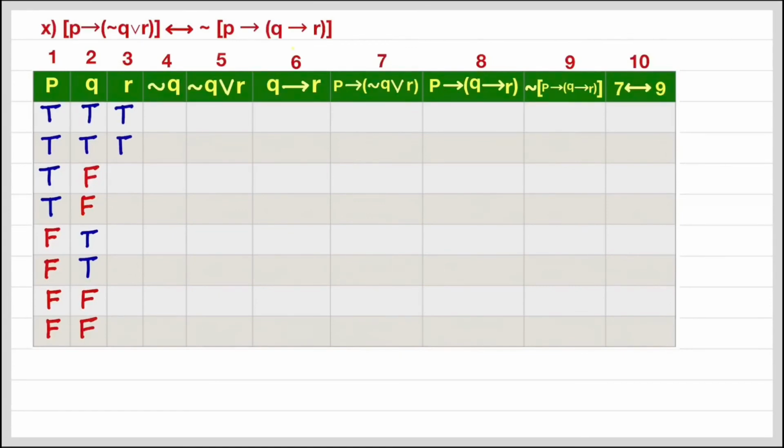Again for R, we will make it half, 1T, 1F. That means alternately true, false, true, false. These are the possible 8 options for 3 statements. Now negation of Q. When a statement is true, its negation is false, and when a statement is false, its negation is true. 2 false, 2 true. Again 2 false, 2 true.